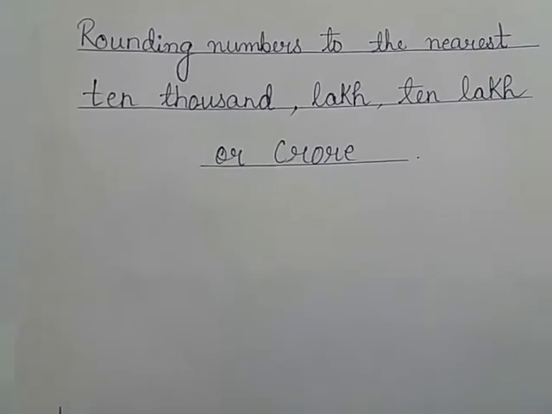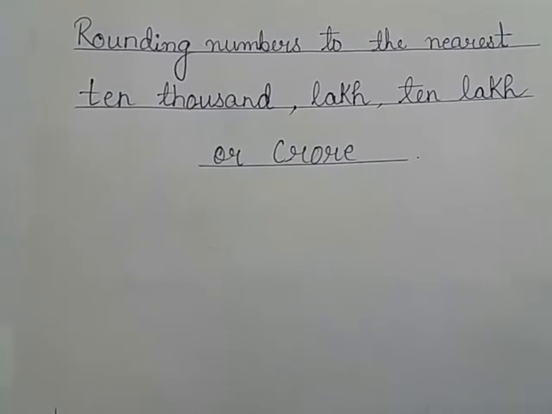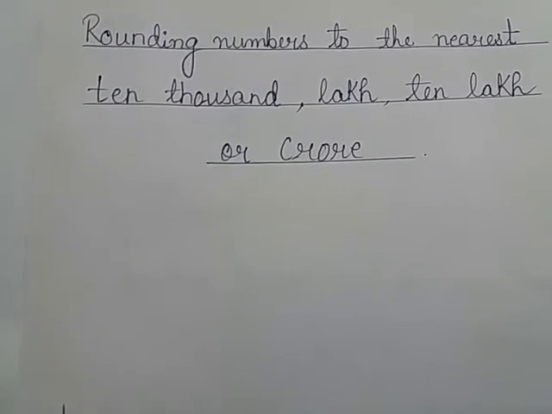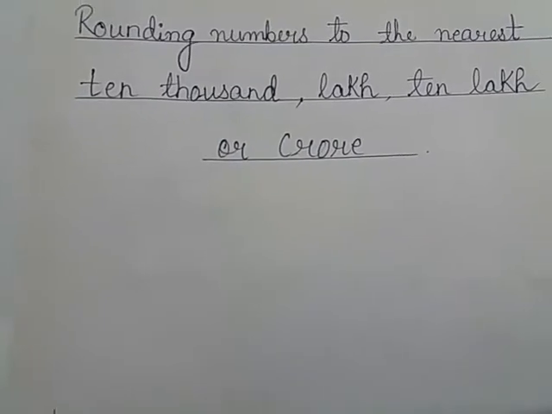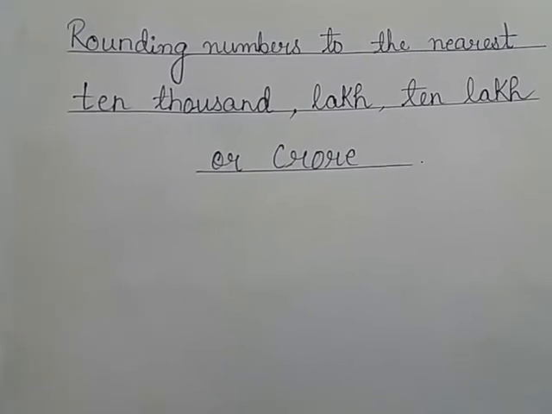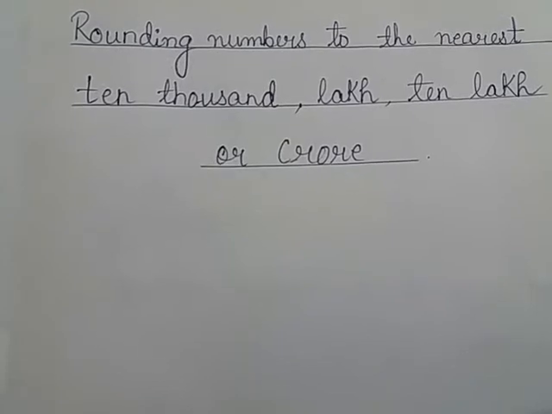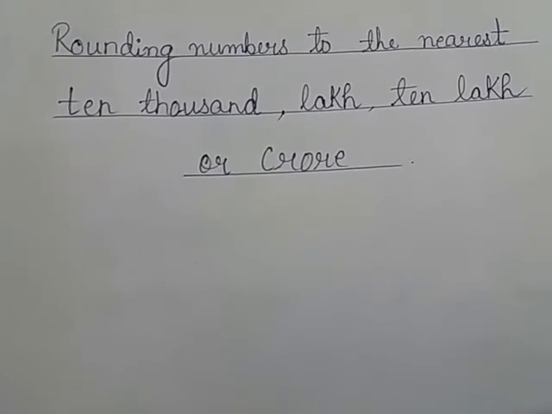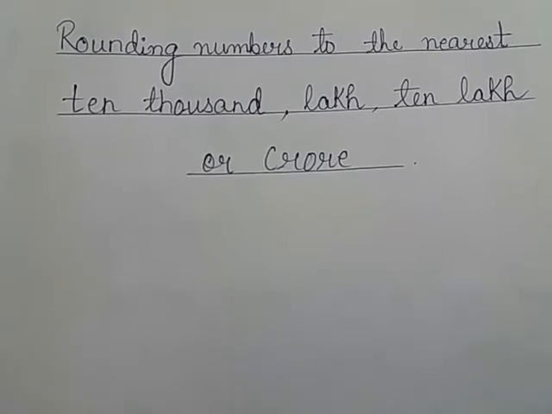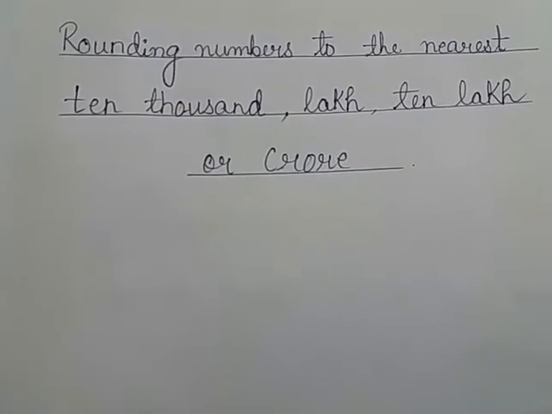That is the digit which is placed exactly right to that digit which we want to round. Now if that digit is 5 or greater than 5, we round it up, and if it is less than 5, we round down. Now there is another way by which we can round numbers, that is the number line.